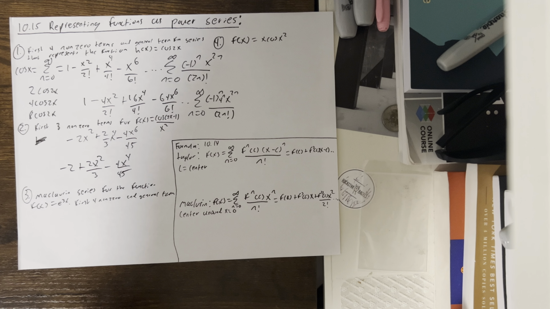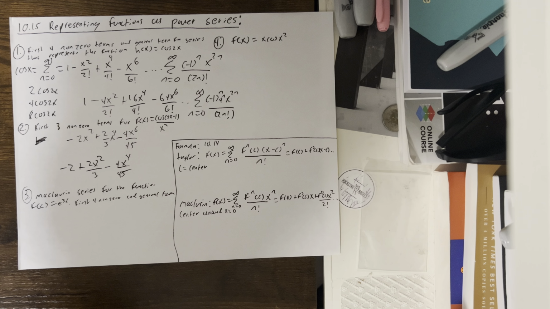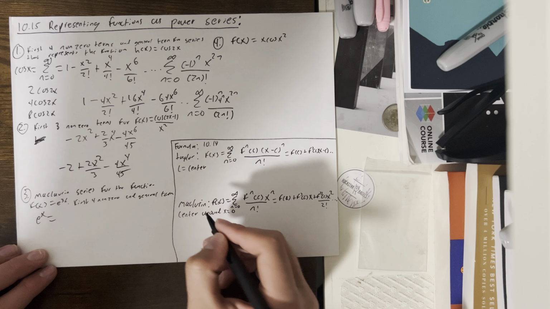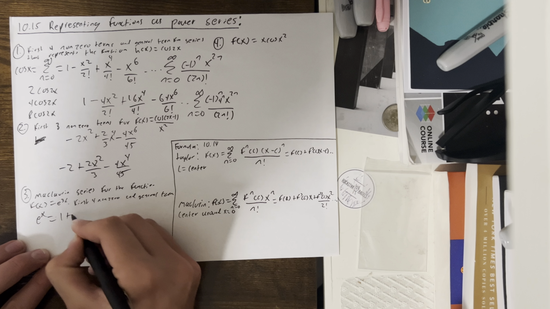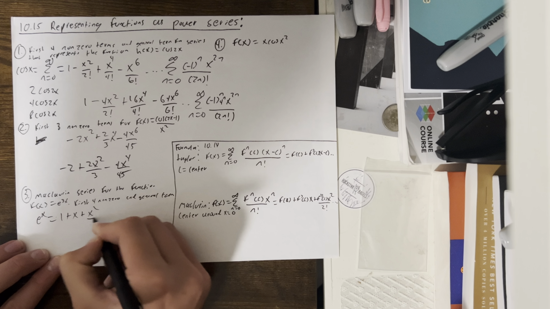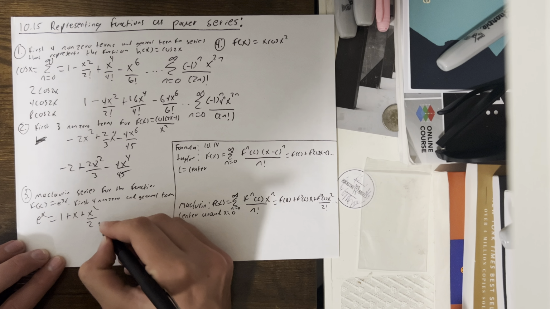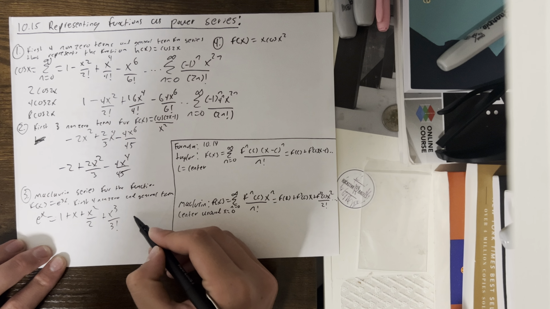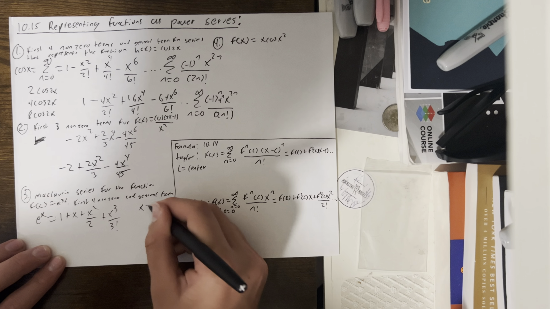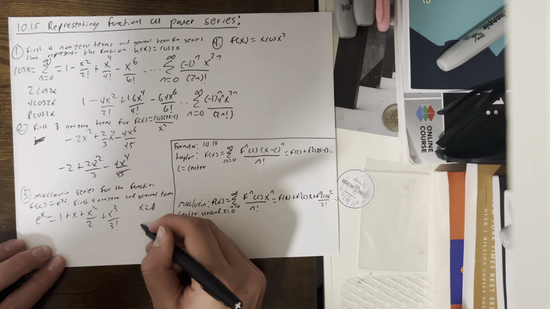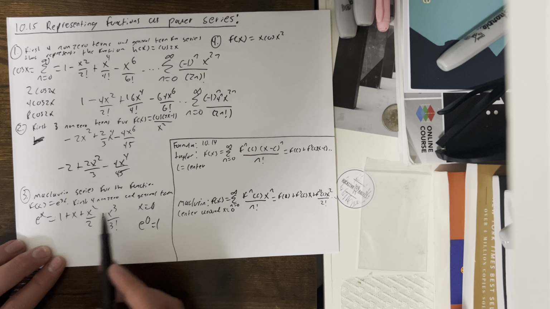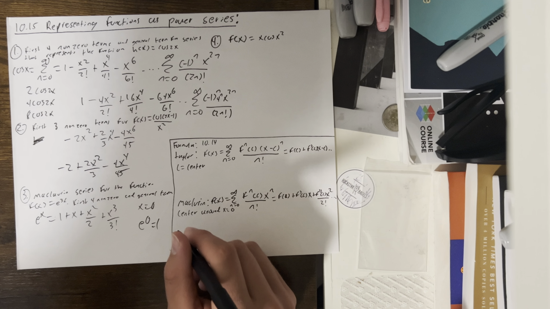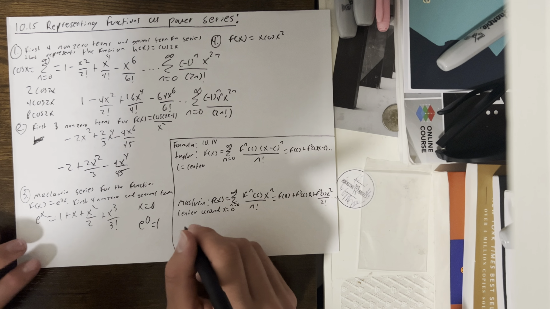And so the simple series for e to the x as a power series is 1 plus x plus x squared over 2 plus x cubed over 3 factorial, because every time x equals 0, since it's a Maclaurin series, so it'll be e to the 0, which is 1. So that's why every time you take the derivative of e to the x, it's just e to the x.